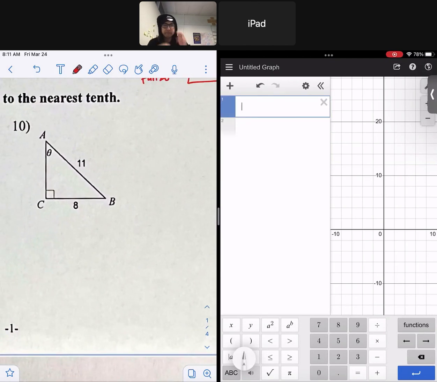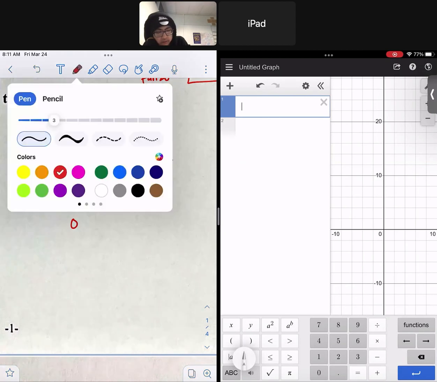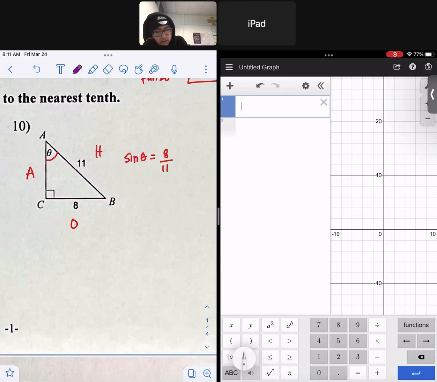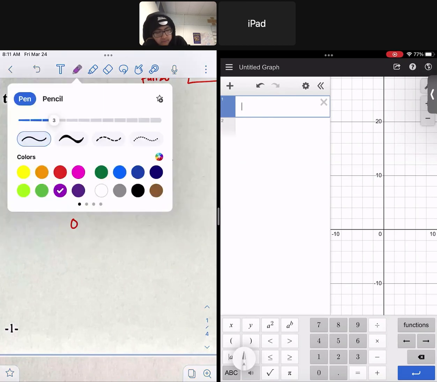Number 10. In the perspective of this angle, opposite, hypotenuse, and adjacent. We got information at opposite and hypotenuse, so sine theta equals opposite over hypotenuse. And again, to solve for this theta, or angle, we gotta do sine inverse to both sides.